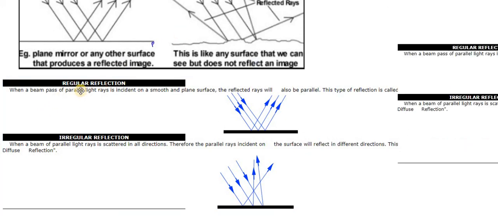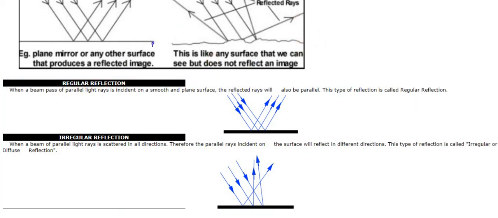When a beam of parallel light rays is incident on a smooth and plane surface, the reflected rays will be parallel. This type of reflection is called regular reflection.